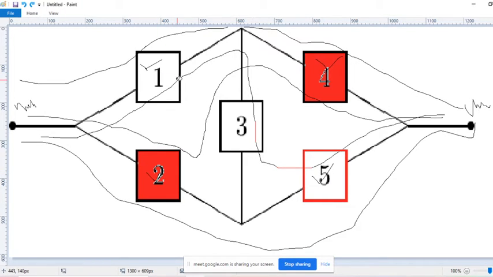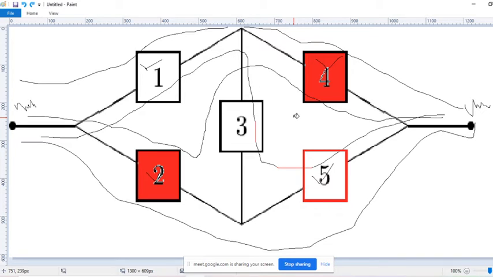The set of all possible active nodes, the indexes of these components, are called a path set. The collection of the indexes of these sets are called path sets. For example, 1, 3, 5 is a path set, and also 1 and 4 is a path set. 2 and 5 is also a path set. 1, 2, 3, 4, 5 is also a path set.